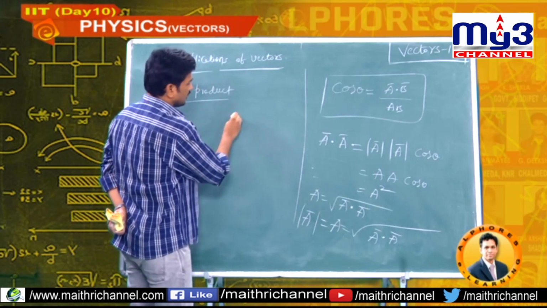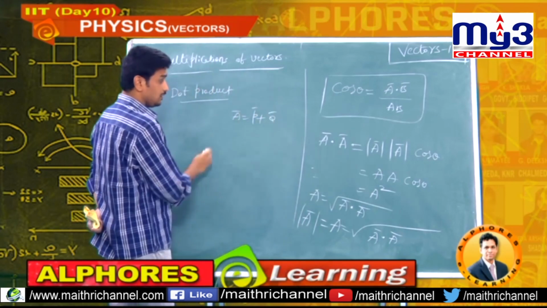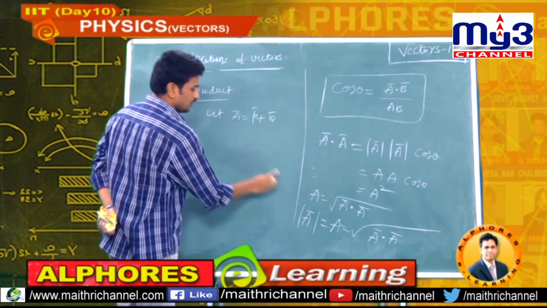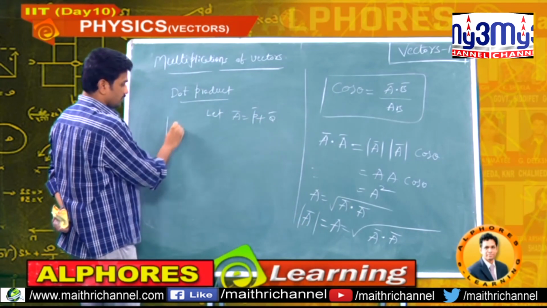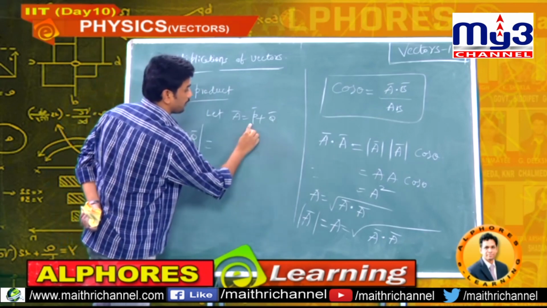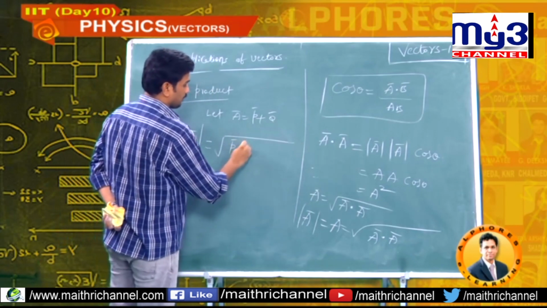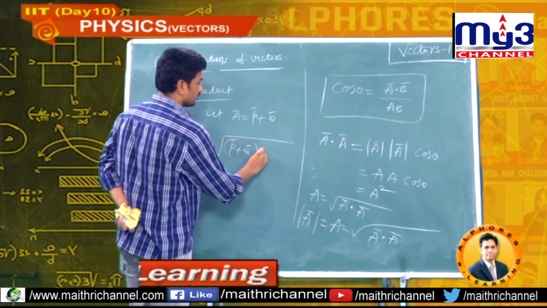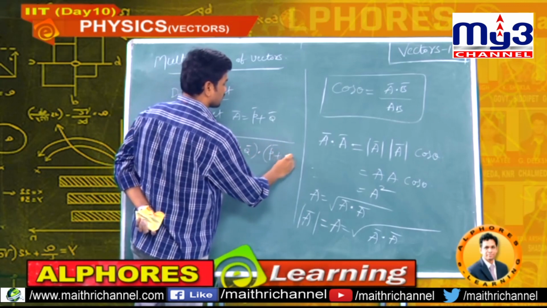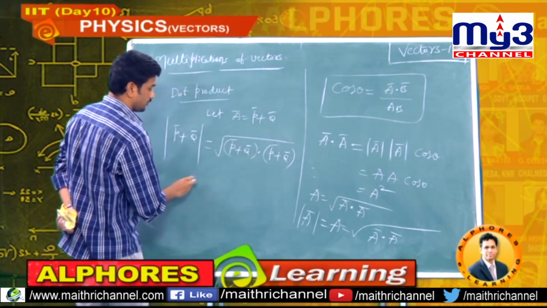Suppose A bar is equal to P bar plus Q bar. Then mod P bar plus Q bar, because A bar I am taking as P bar plus Q bar, is under root of P bar plus Q bar dot P bar plus Q bar, that is A bar dot A bar.